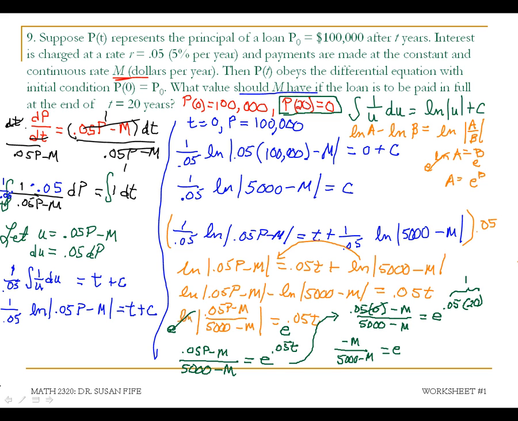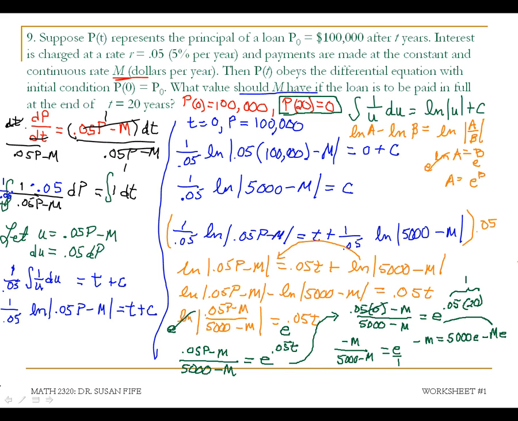Here I need to take cross products. I'm going to write this as e over 1. And then I'm going to treat this as a proportion and take cross products. When I take cross products, it gives me negative m times 1. That's negative m is equal to, my other cross product, e times 5,000 minus m. It's going to give me 5,000 e minus m times e.